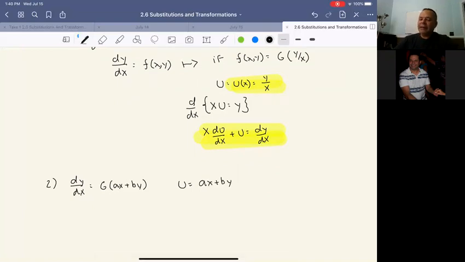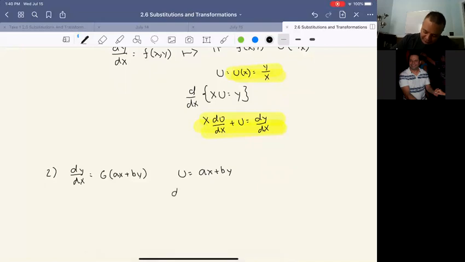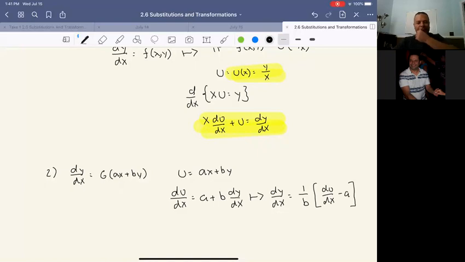Now du/dx is going to be a plus b dy/dx. So if we want to write this in terms of dy/dx, dy/dx equals 1 over b times (du/dx minus a).